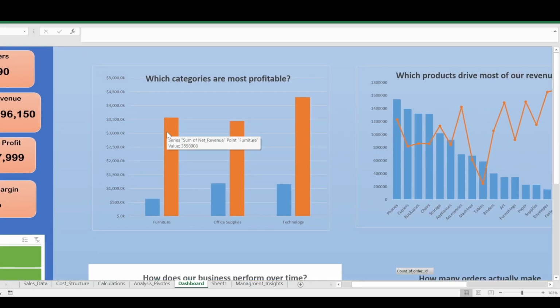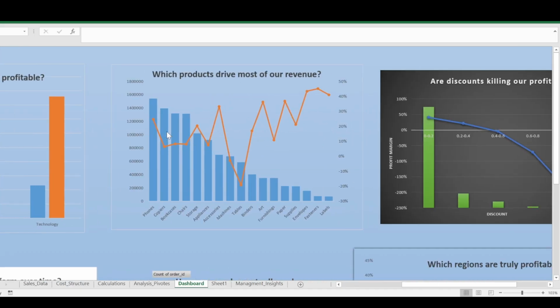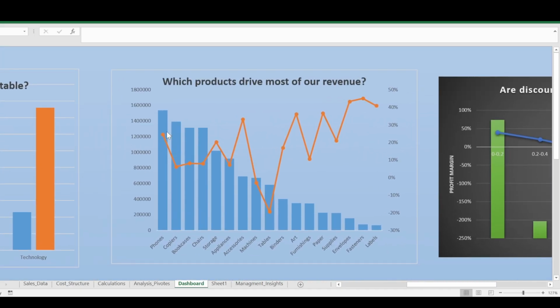To understand this further, I created the subcategory-wise dashboard, which shows that phones and copiers make more sales and reasonable profit, but tables make the most losses compared to the others.